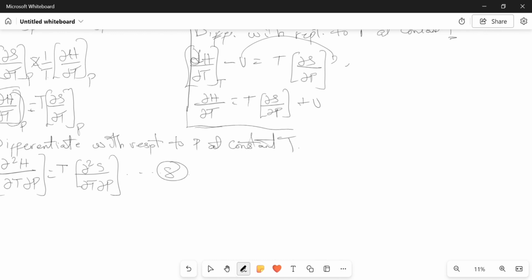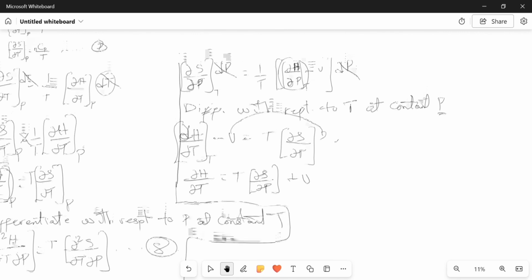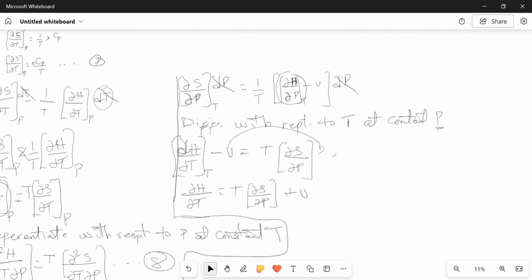Now we said we want to differentiate with respect to temperature. Please, why do I keep on making this? This is dp. I don't know why I changed it to t. It is dp. Good.